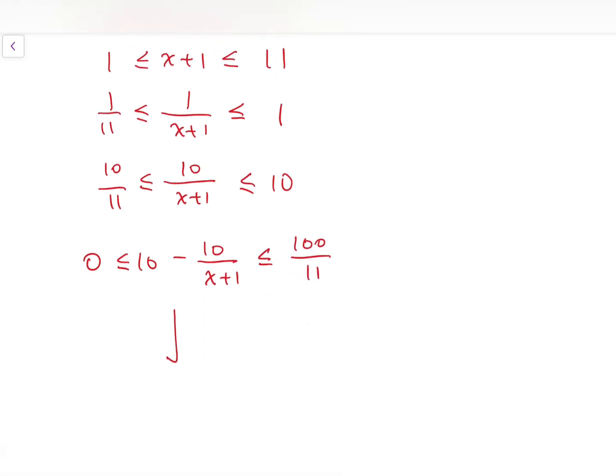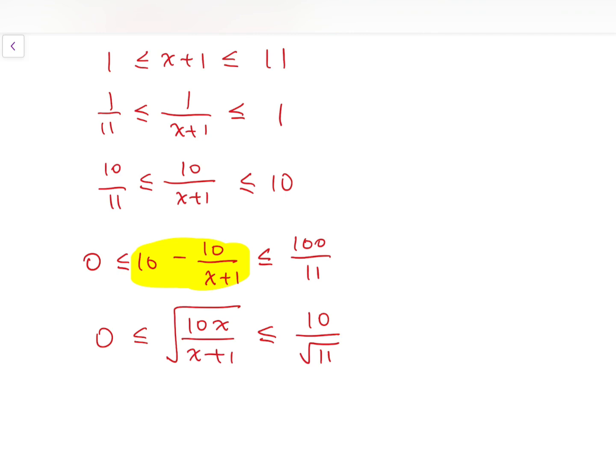Now we can take the square root. So we know that this expression is just 10x over x plus 1, and now I can directly take the square root. And the maximum is 10 over root 11.